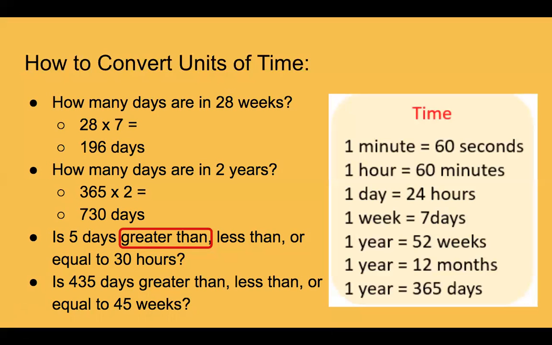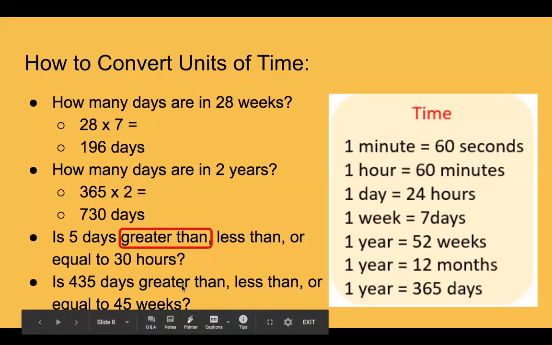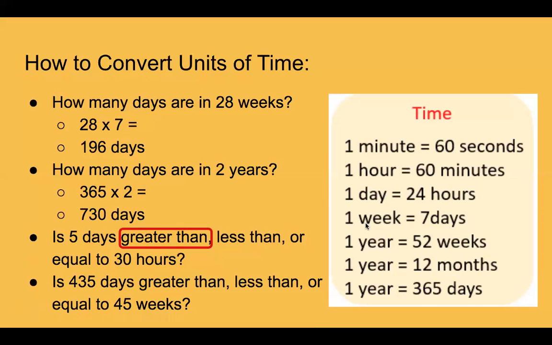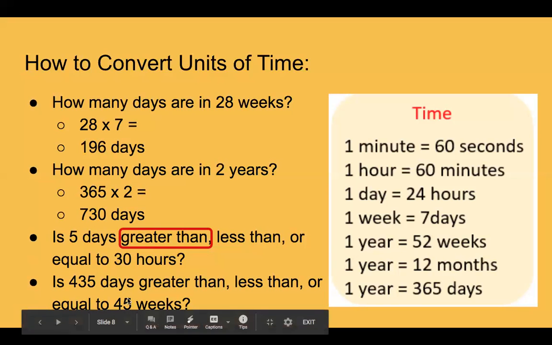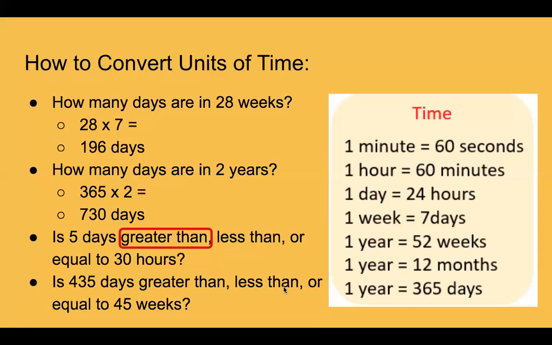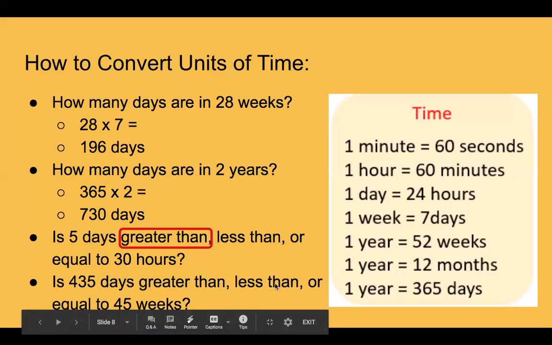To do that, we have to take 45 weeks and multiply it by how many days are in a week. 7 days in 1 week. So multiply 45 times 7. And again, you can use partial products. 7 times 5, 7 times 40, add the parts together and see what you get. You can pause the video. 45 weeks times 7 days. And I got the answer of 315 days.